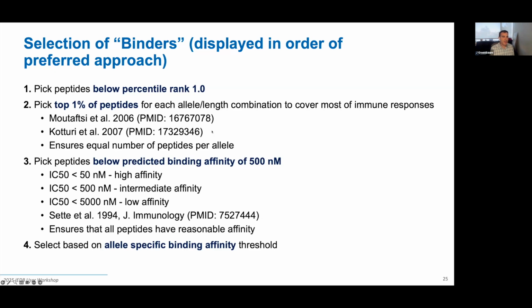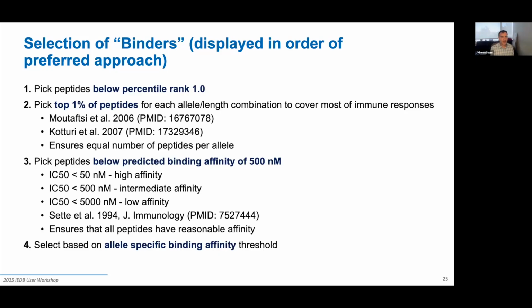And so just going from top to bottom, one possibility is to pick all of the peptides that are below percentile rank of 1, which should capture many of the actual binders. Another option is to, instead of taking the percentile rank less than 1, just pick the top 1% of peptides overall for each allele and length combination.